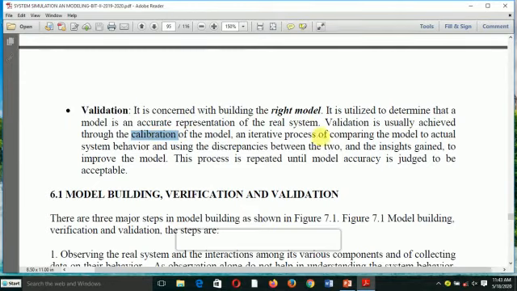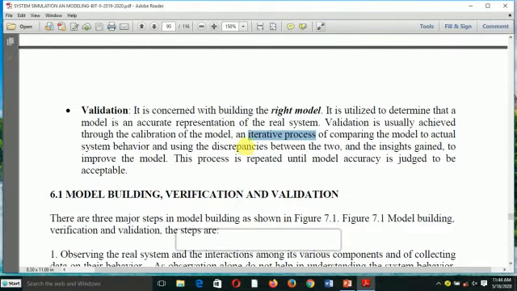What is calibration? It is an iterative process, a looping process. It means that it is a process which will be repeating itself, and you continuously compare the model to the actual system behavior.